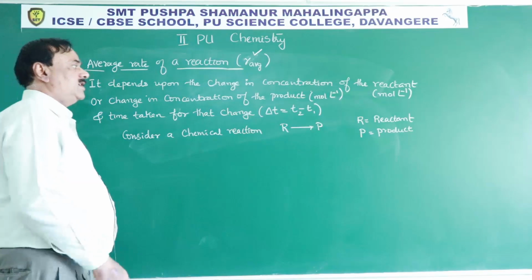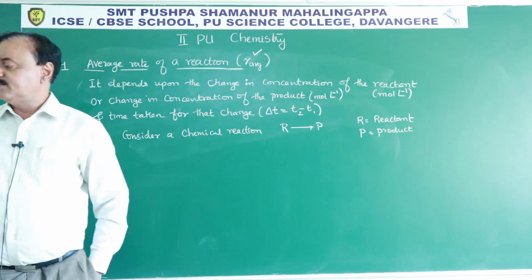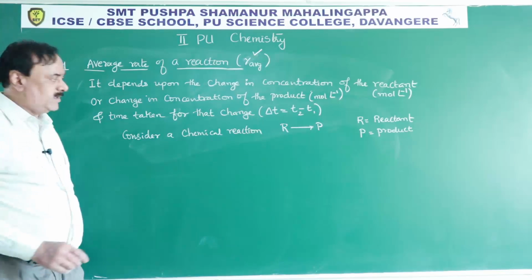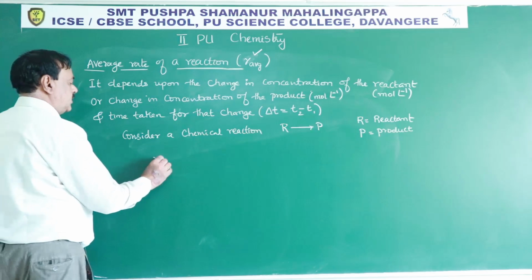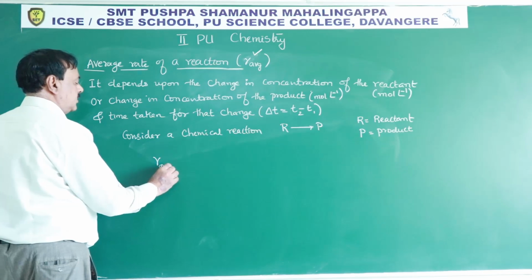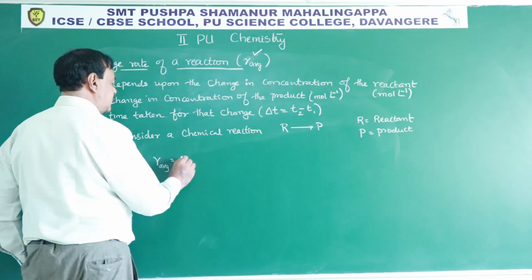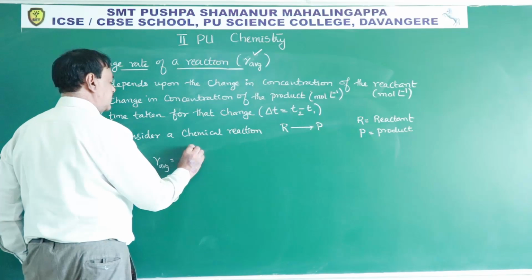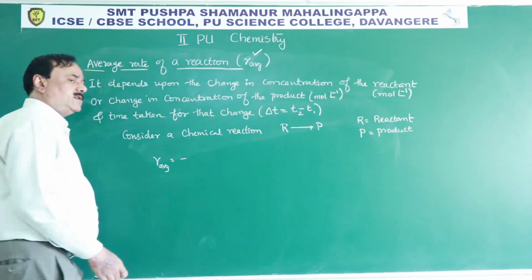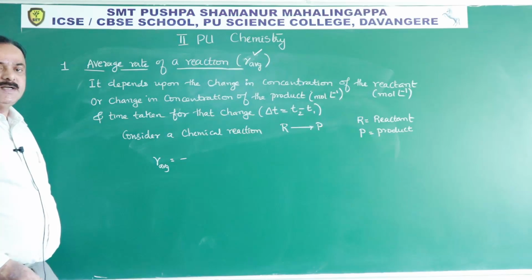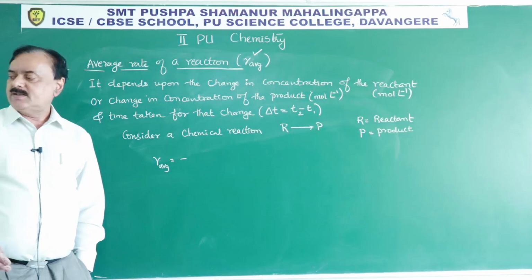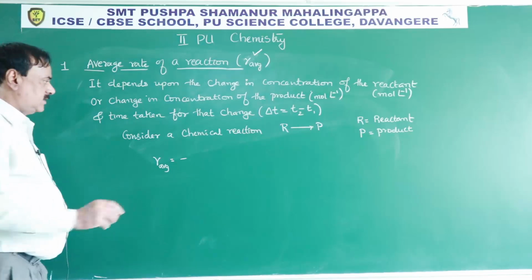The velocity or rate of the chemical reaction is given by R average. R average is given by, see, across the reactant side the concentration of the reactant decreases.